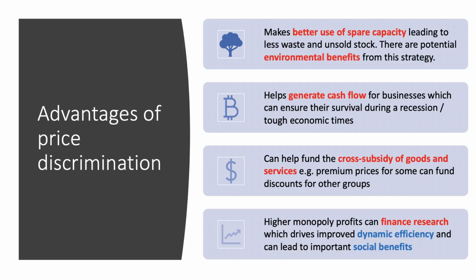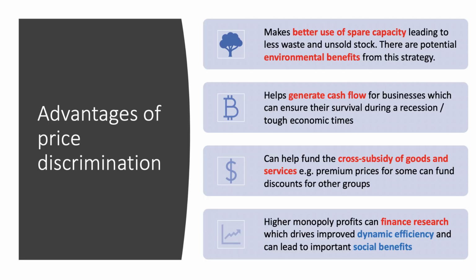A third argument or third advantage in favour of discriminatory pricing is that it can often help fund what's called cross-subsidy. So some groups may pay a premium price, a high price for a particular product, but that then allows the supplier perhaps to charge a lower price for another group. Maybe a doctor charges different prices for different patients.